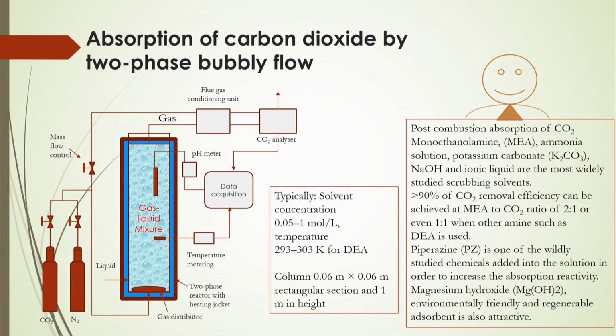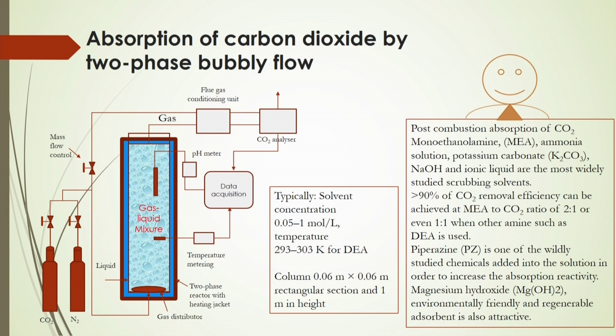So, you can use different types of solvents to absorb it. One of the important solvents is called monoethanolamine, and some other solutions like ammonia solution, potassium carbonate, sodium hydroxide, even nowadays ionic liquids, are the most studied scrubbing solvents for carbon dioxide absorption.